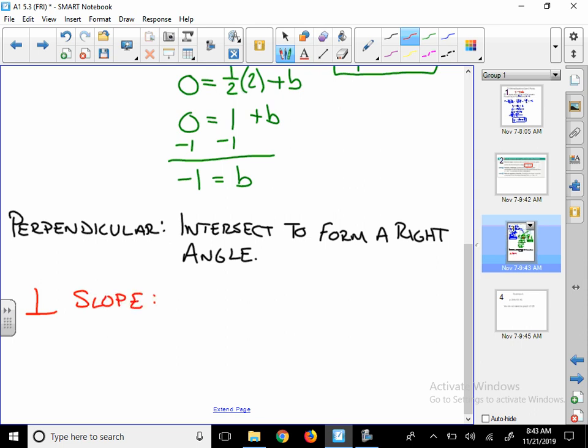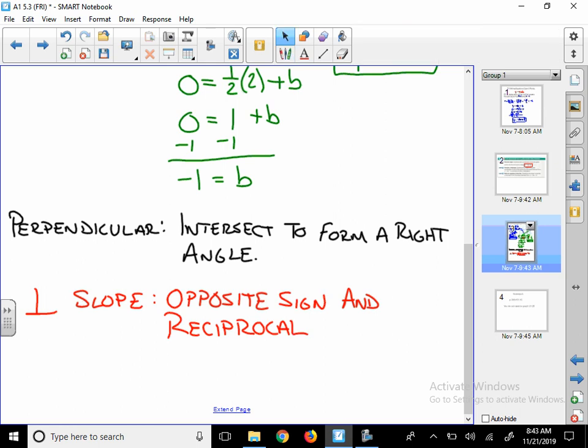So to find the perpendicular slope, if I give you 1, all you have to do is take the opposite sign and the reciprocal. Okay, so opposite sign. If it's positive, you would make it negative. If it's negative, you will make it positive. And we've talked about reciprocals already this year. Remember that's just where you flip your fraction.